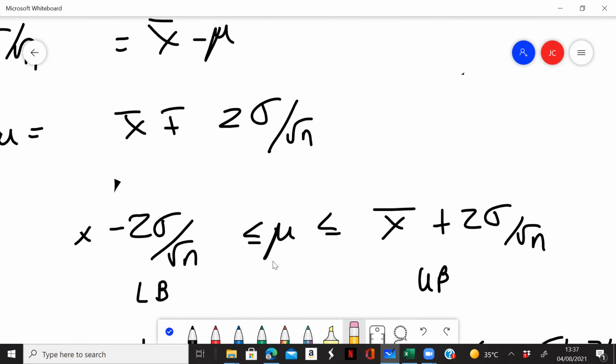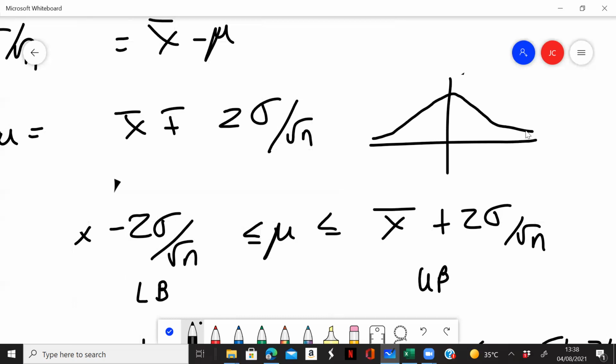I'm going to repeat this again in the next lesson, but a little spoiler: if I am 99% confident, then I'm leaving 1% total area blank. So 0.5% blank in here and 0.5% blank in here. So that z would be the number, negative and positive, that gives you these blanks, which I will show you how to find in the next lesson.